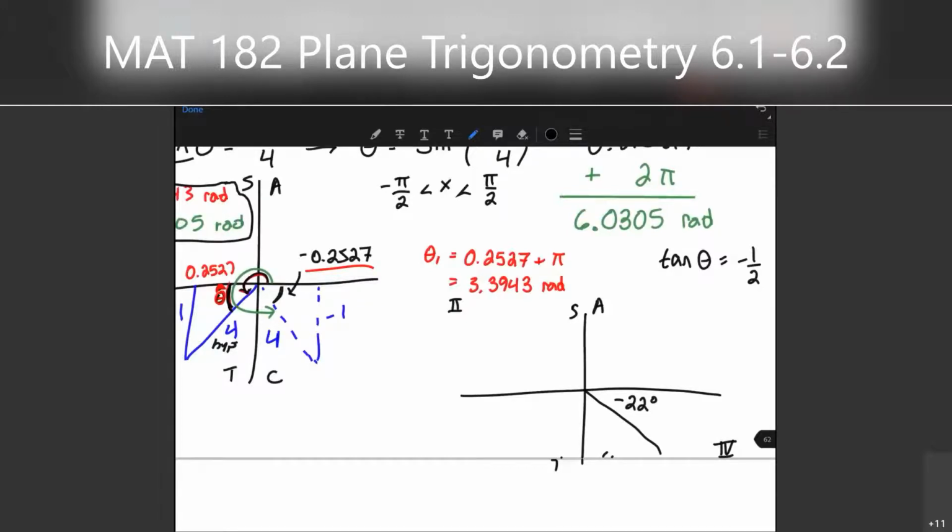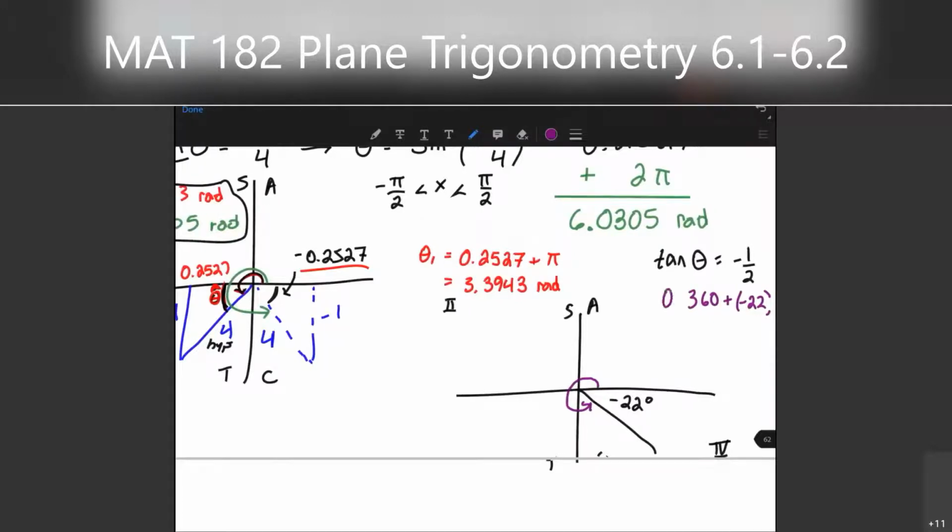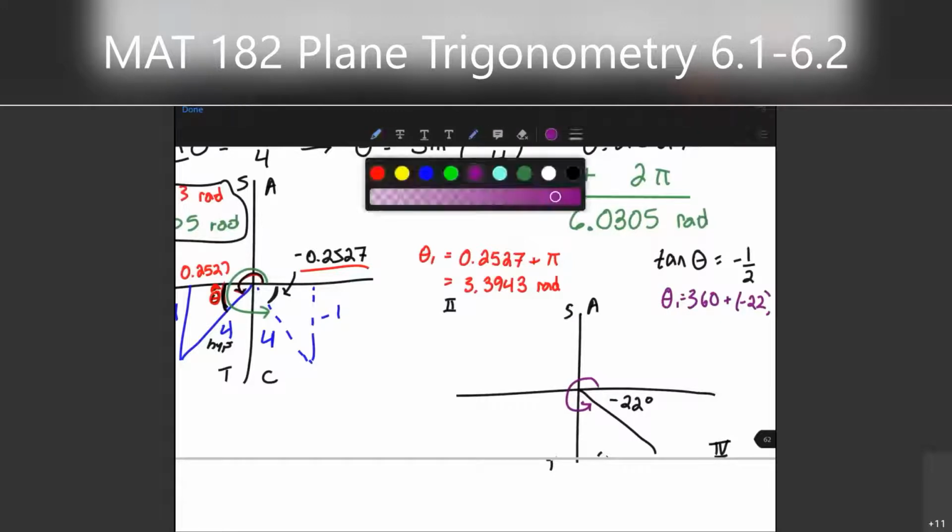If that was the case, we'd want to find the fourth quadrant angle that wraps around. So that would be 360 plus -22 to get that solution. Call that theta1. That would give me the coterminal angle that goes in the counterclockwise direction.